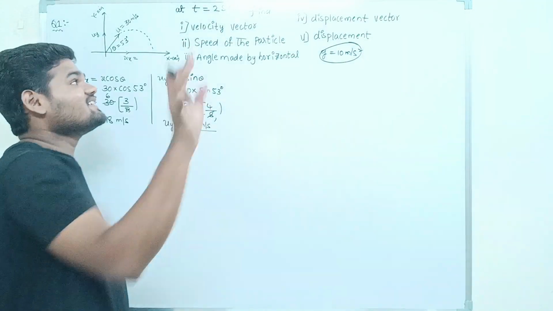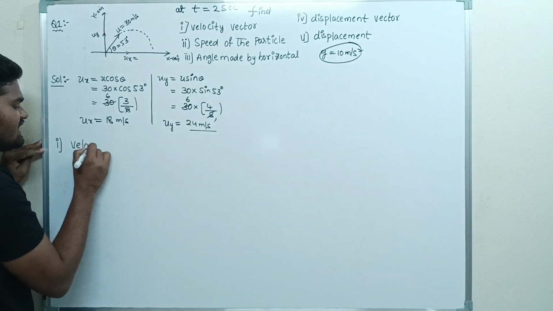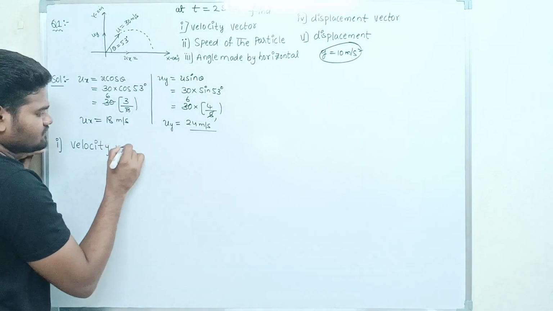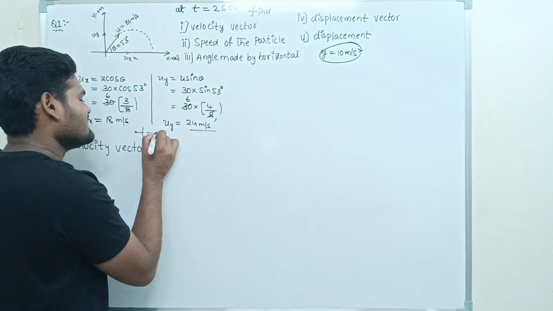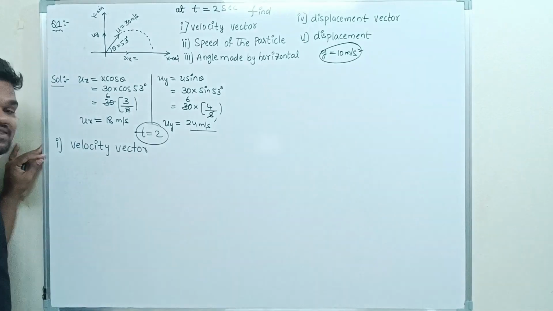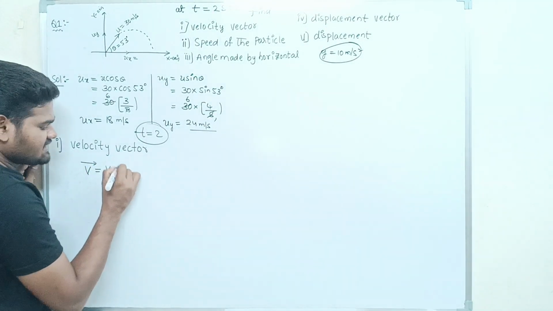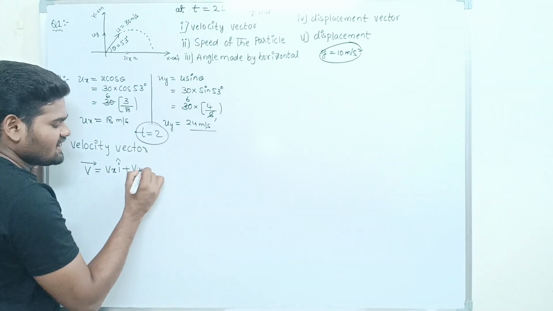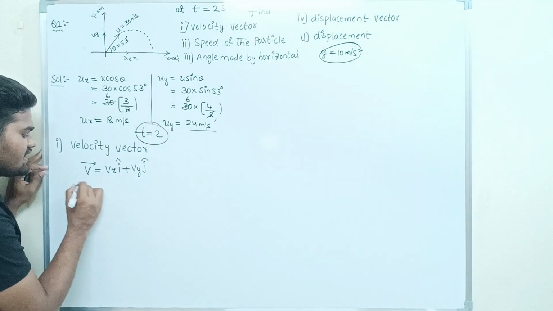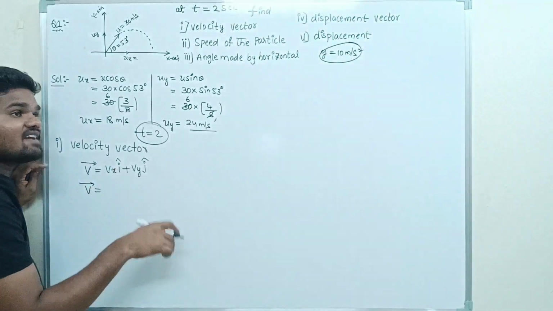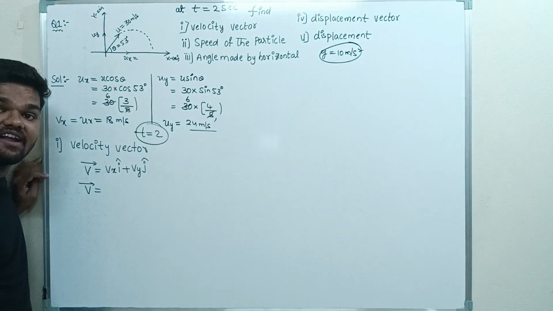So what is our first question? We have to find the velocity vector at t equal to 2 seconds. So velocity vector V bar is equal to Vx i cap plus Vy j cap. Final velocity along x direction is nothing but initial velocity along x direction.